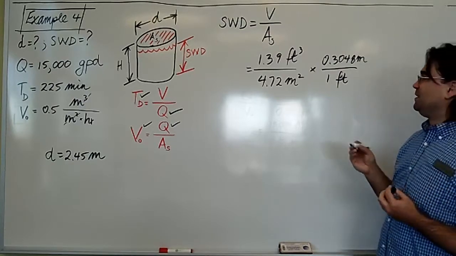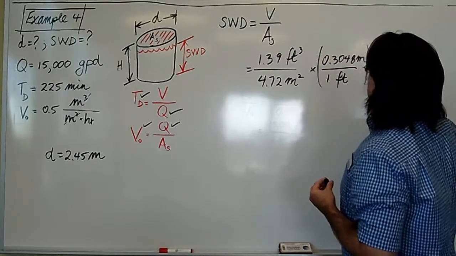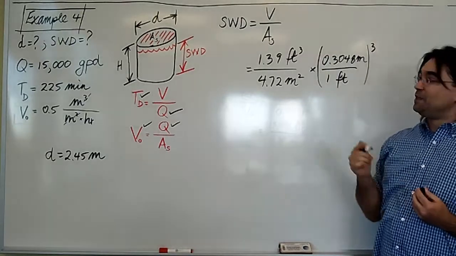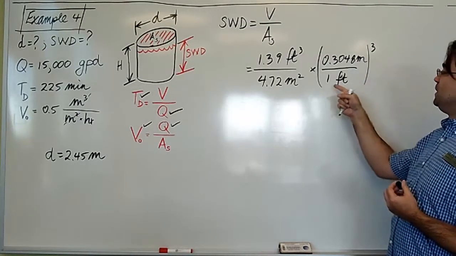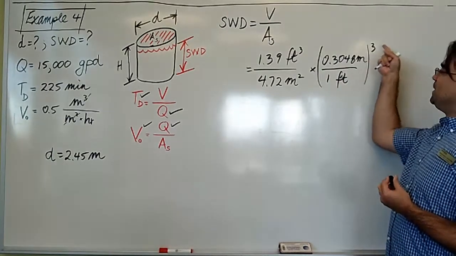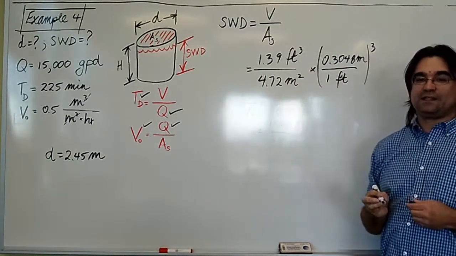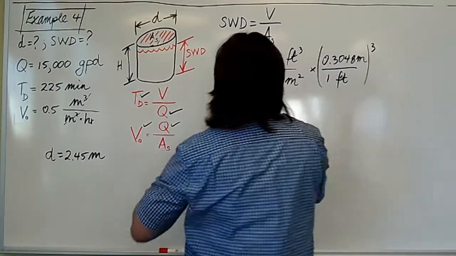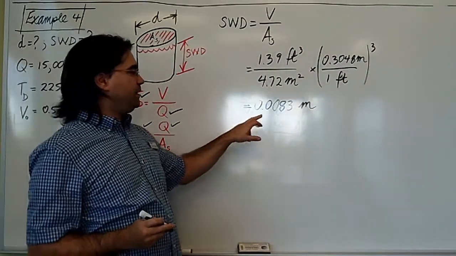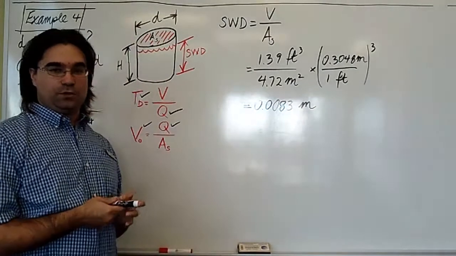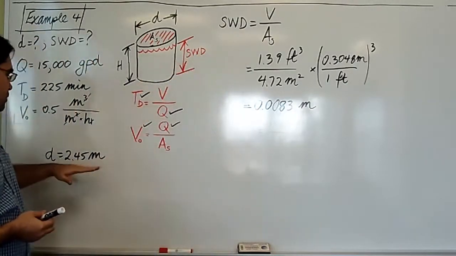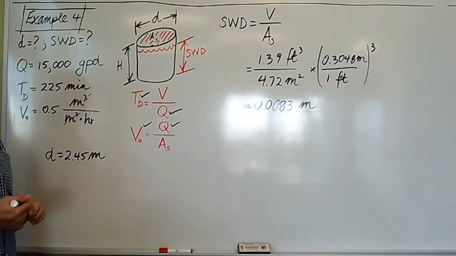That means that this is true cubed as well. So that when I do this cube, this cubic foot and that cubic foot cancel out. We're left with cubic meters, which cancels out with that, to give us 0.0083 meters.